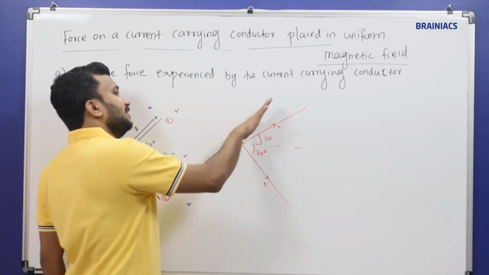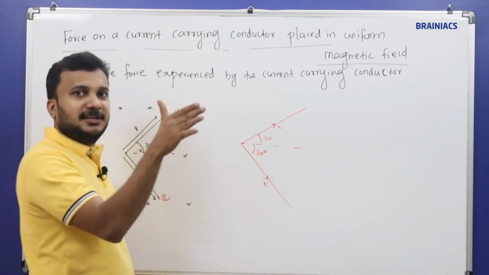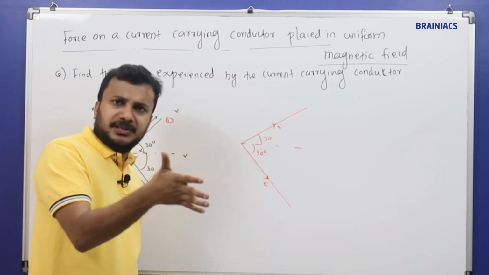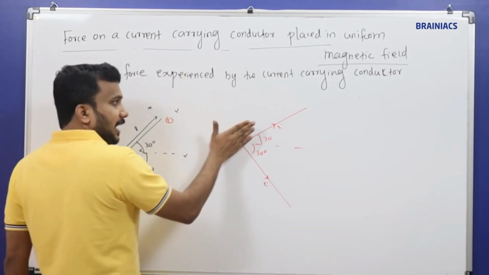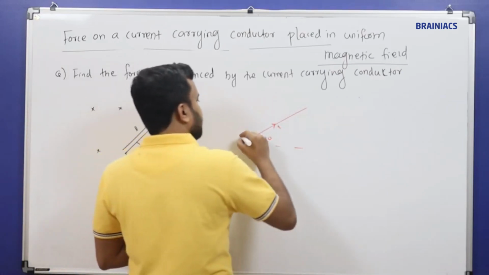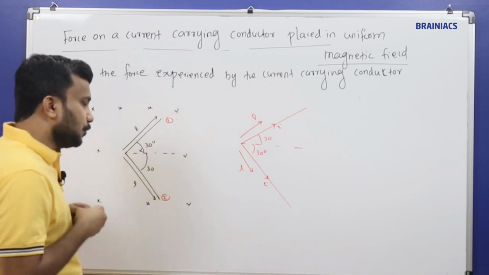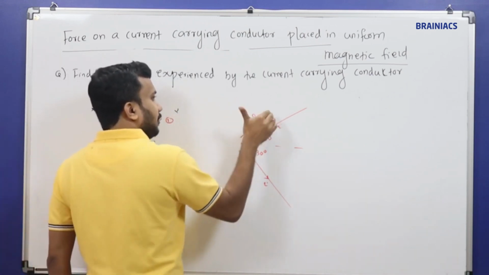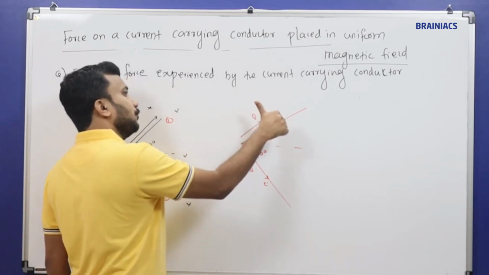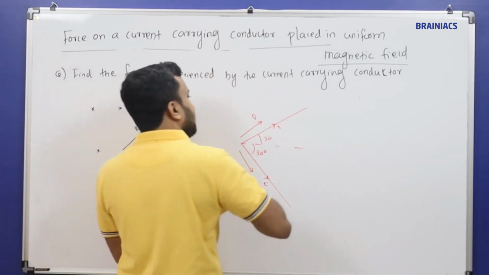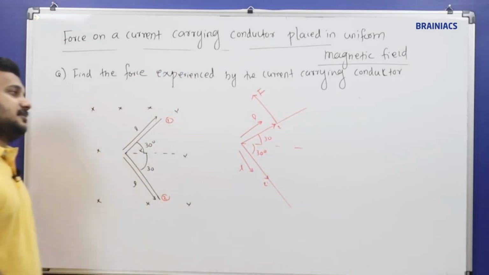L is in this direction. L cross B. B means where? Inside. So you can simply apply L cross B. L cross B means the right hand thumb palm rule. L is in this direction. Listen carefully. L cross B. B means where? Inside. Magnetic fields are inside. So where your thumb is like this, the force on the current carrying conductor is like this.